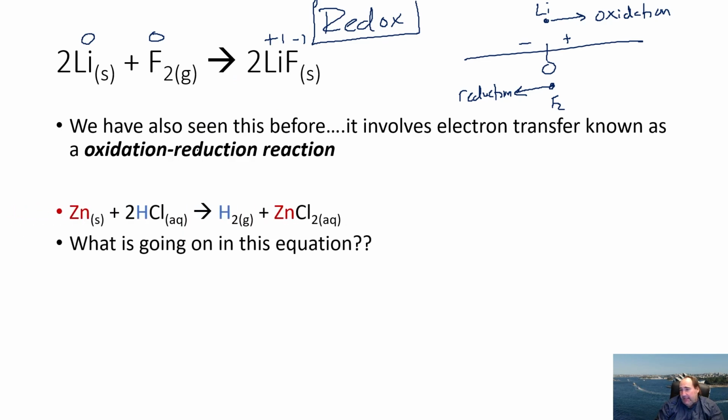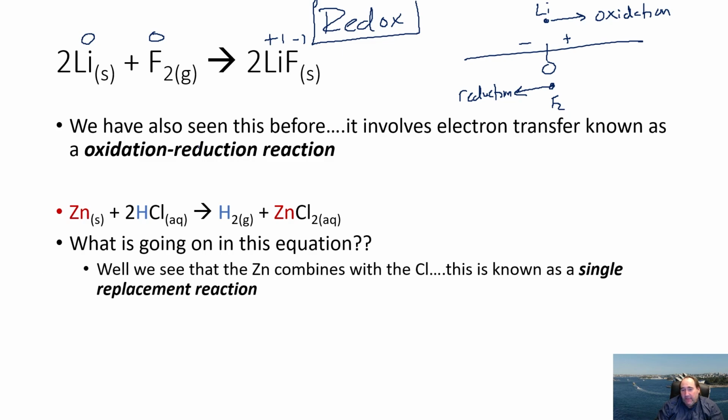In this equation, this is also a redox reaction taking place. This is 0. That is +1 and -1. That is 0. That is +2 and -1. So if we look at this on our number line, we could see it actually is a redox reaction happening. The zinc is starting at 0 and ending at +2. The zinc becoming more positive, so it's going through oxidation.